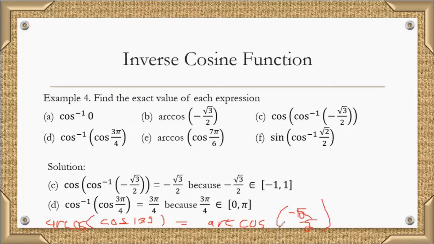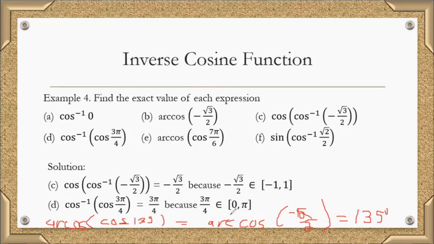Pag kinuha mo ang shift cosine ng negative 0.707, malapit ka na sa 135 or sakto na sa 135. Kaya babalik ka rin. Positive yun 135. Sa degree, siyempre sa radian nun ay 3 pi over 4. Dapat pasok itong 3 pi over 4 under ng restriction natin, closed interval 0 and pi.